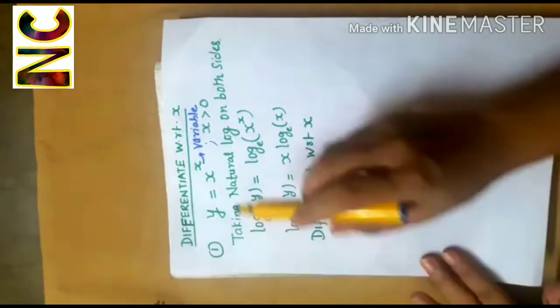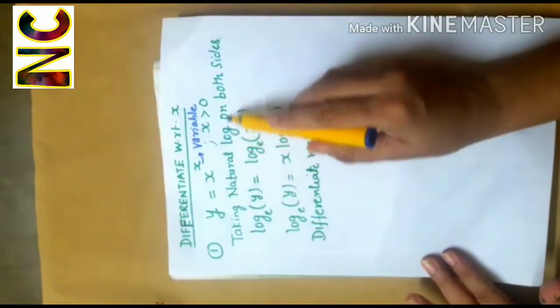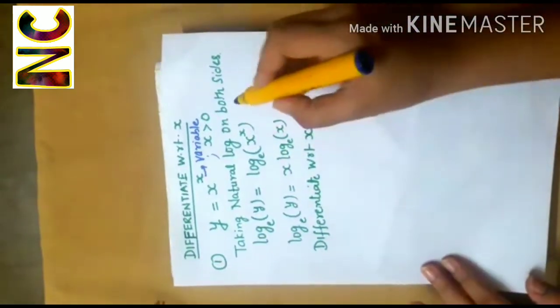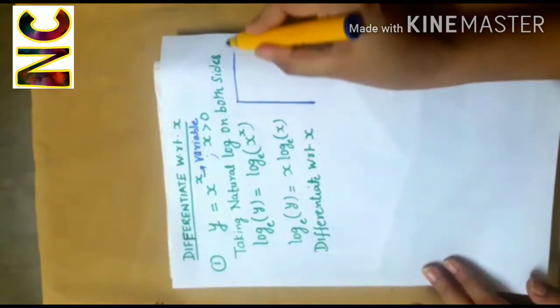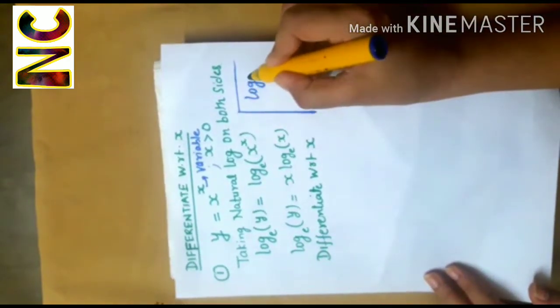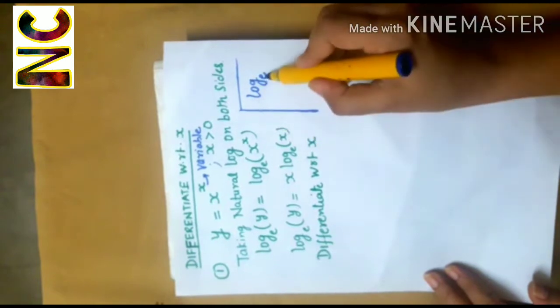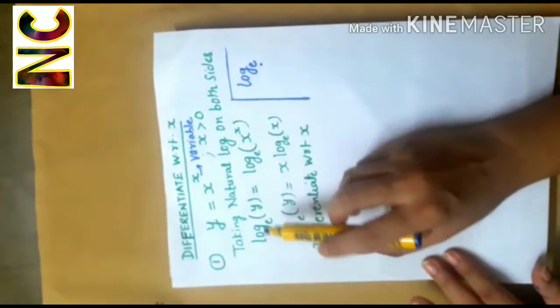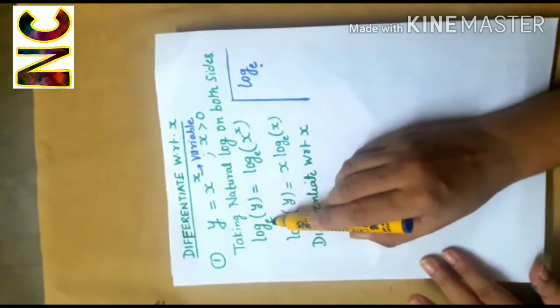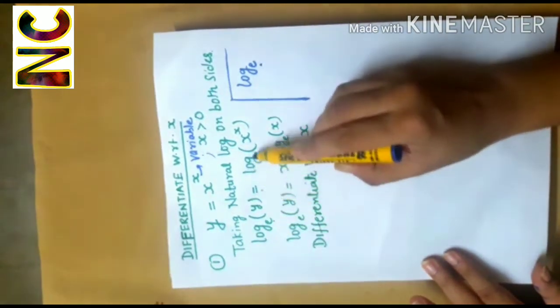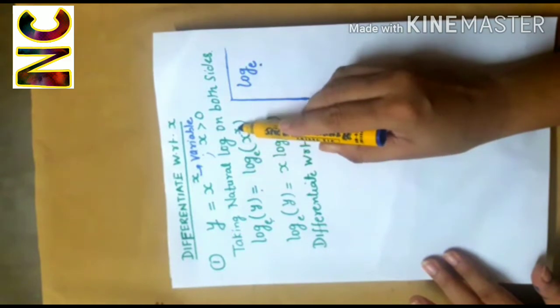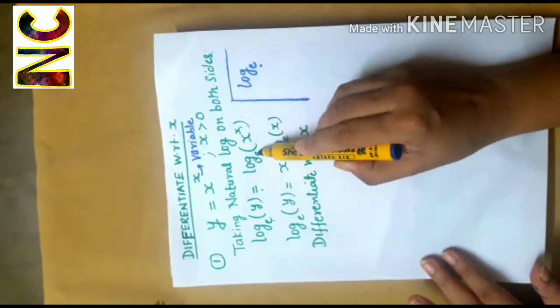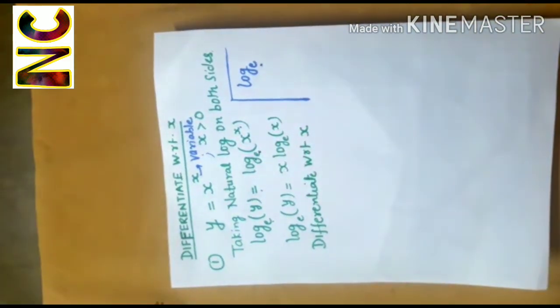What we do is take natural log on both sides. Natural log means log to the base e. So on taking natural log on both sides, I'll get log y to the base e is equal to log of x raised to the power x to the base e.